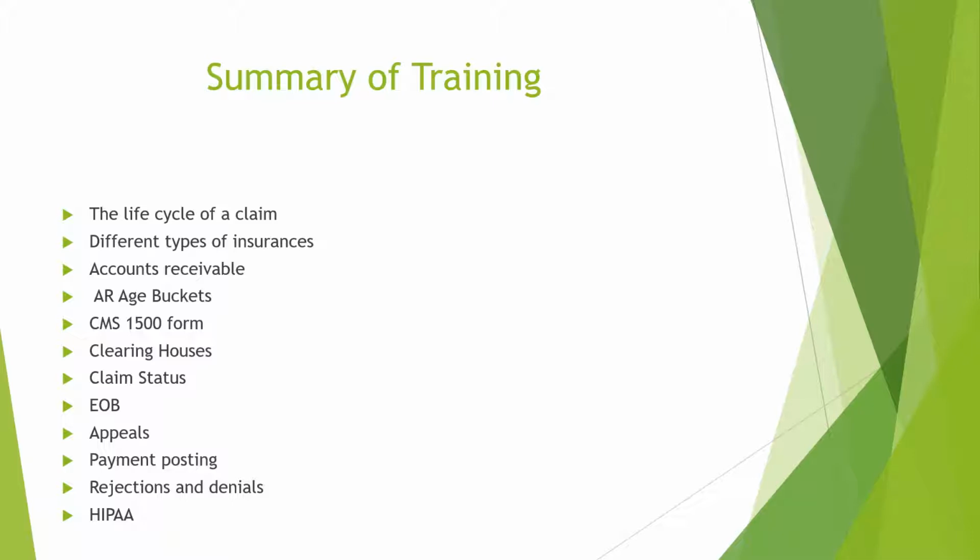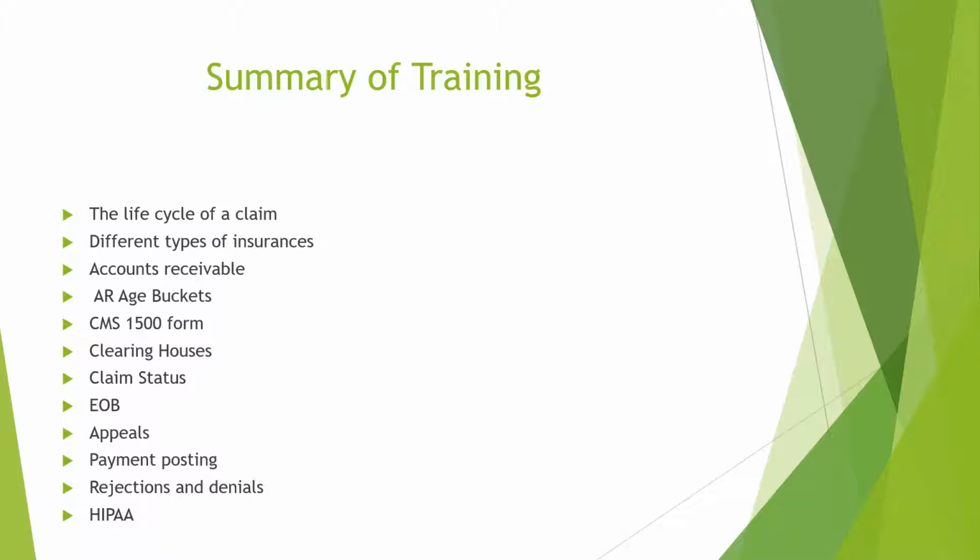And we went over our CMS 1500 form. This is the form you will need to submit in order to receive reimbursement. If you are unsure of how to fill it out or want me to walk you through the process, I would be more than willing to help. We talked about the clearinghouse and how when we submit our claims, they go through the clearinghouse, Zermed, to be checked for errors before it is sent to the insurance company.